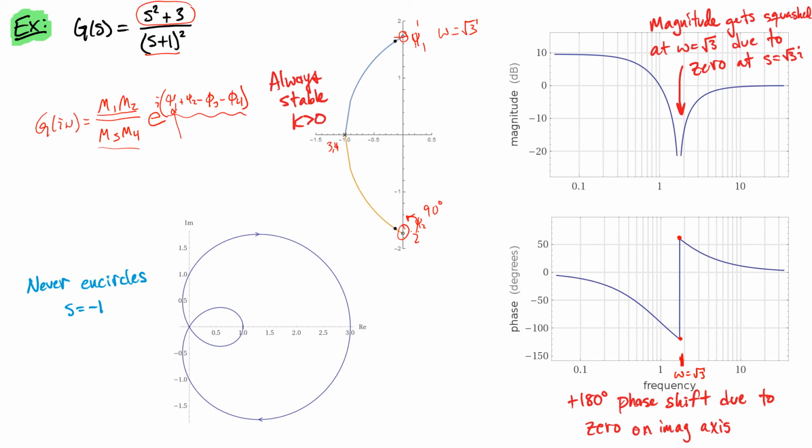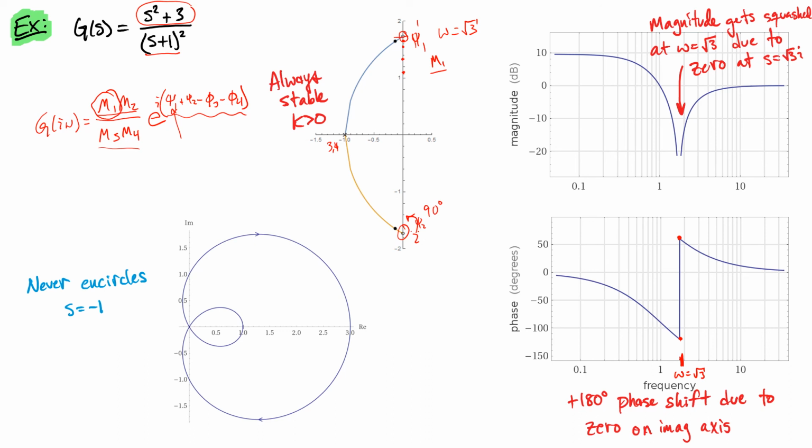Simultaneously, by the same explanation as before, the magnitude m1 is getting smaller and smaller as our point gets closer and closer to this zero value. And then once it reaches it, that m1 value goes to 0. And because m1 appears in the numerator, that essentially squelches this entire term so that the magnitude goes to 0.